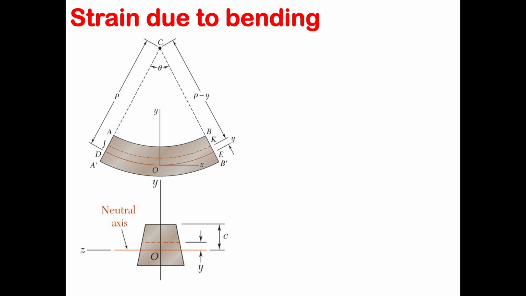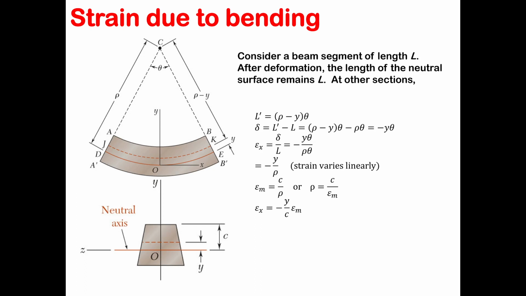Okay, so let's try to formulate what we already said. Consider a beam segment of length L. After the deformation, the length of the neutral surface, this one, is going to remain L. Okay, and then we want to find the length at an arbitrary location that has a y distance from N. Keep in mind that the radius of this curvature is from the center of the circle to the location of the neutral plane, right?